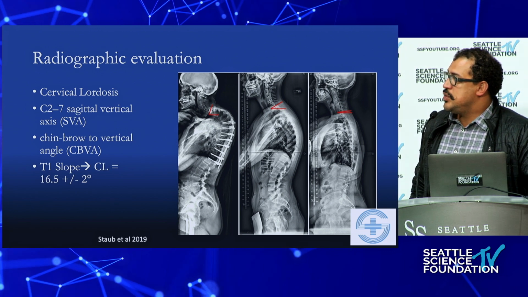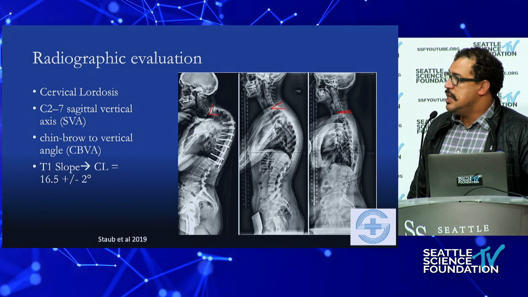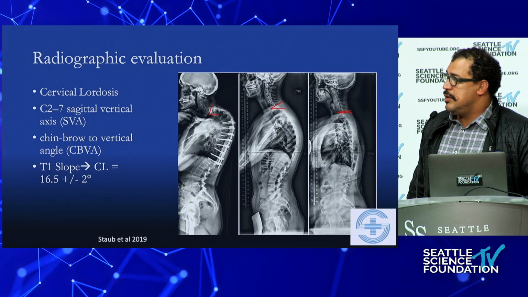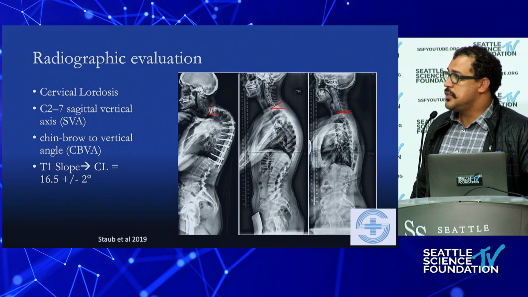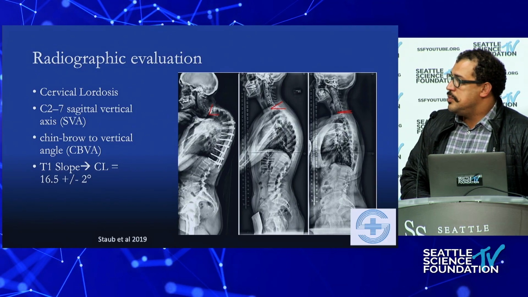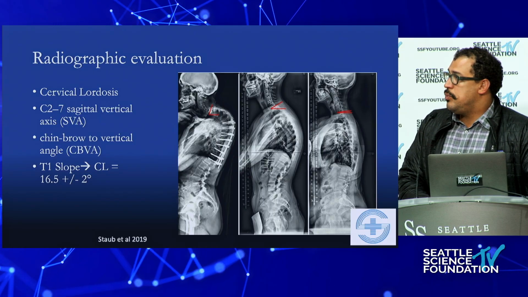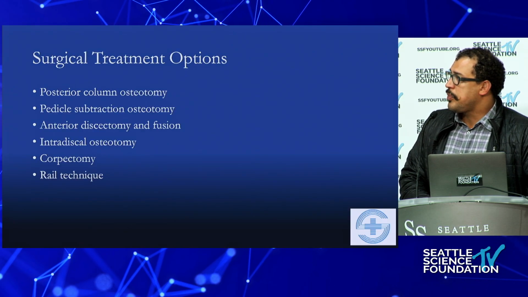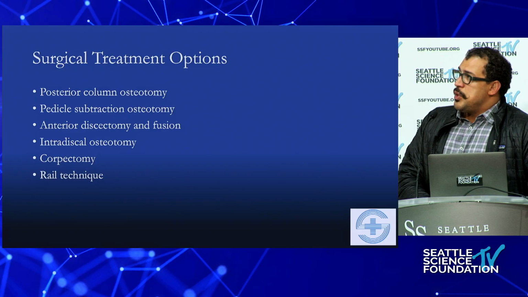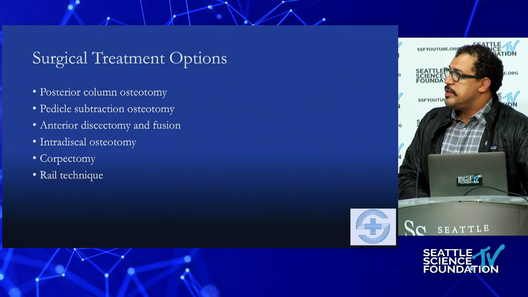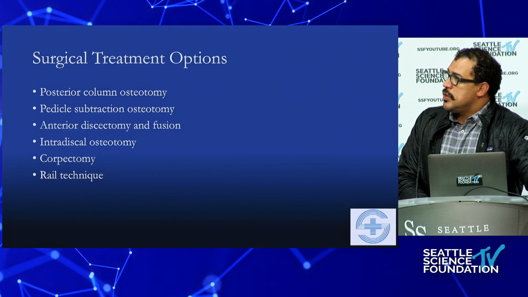And we know if a patient has a neurologic compromise, we need to address these problems, but what are our goals? These can give you some sort of guide into what we're doing surgically when we do need to fix these problems. Posterior column osteotomies we talked about earlier in the course.